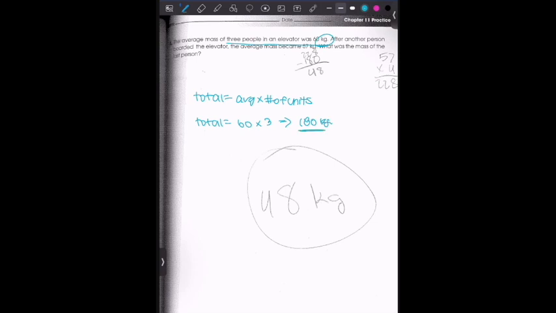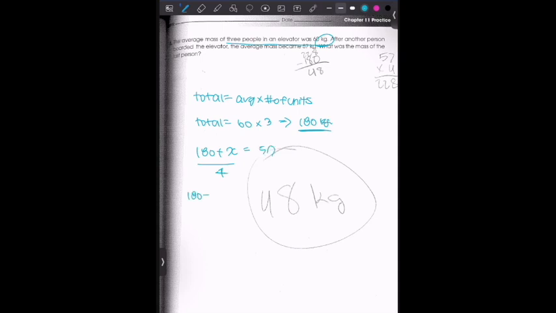Then to that total mass of 3 people, another person who weighs X kilograms boarded. And now the average mass became 57 kilograms. And so there's now 4 people, and that is 57.